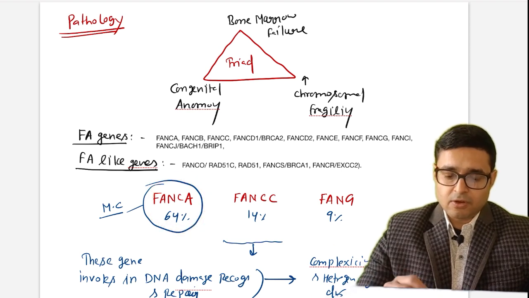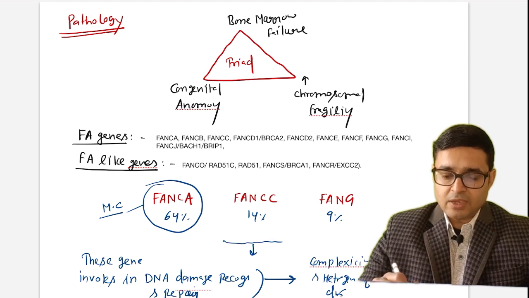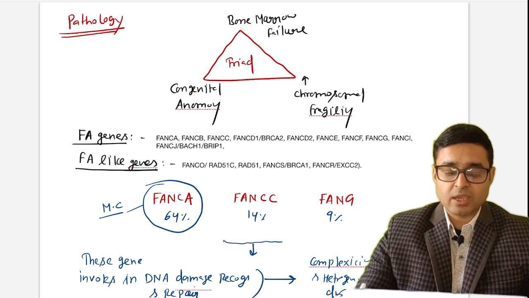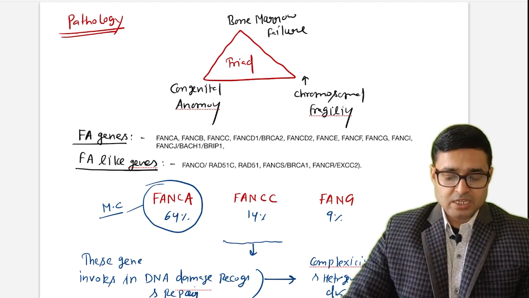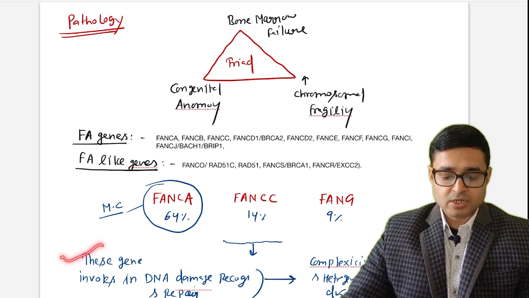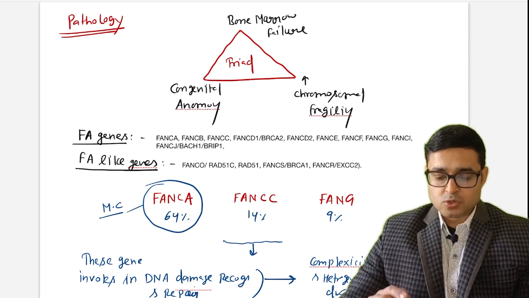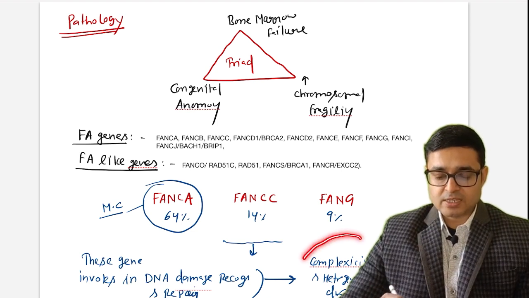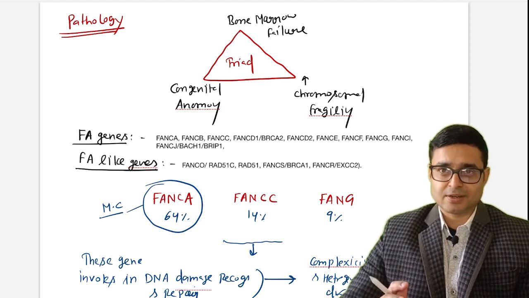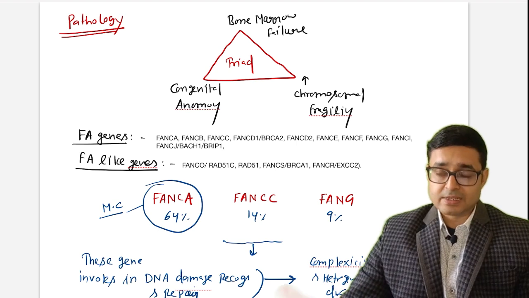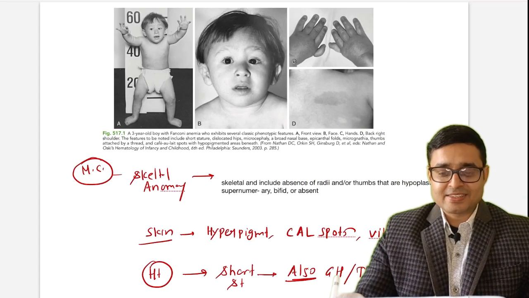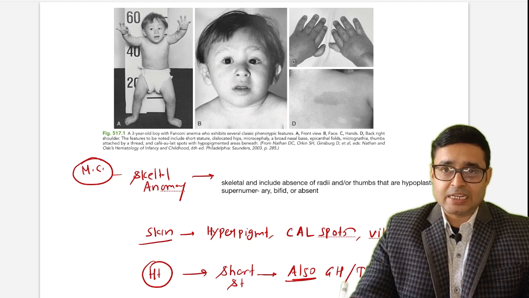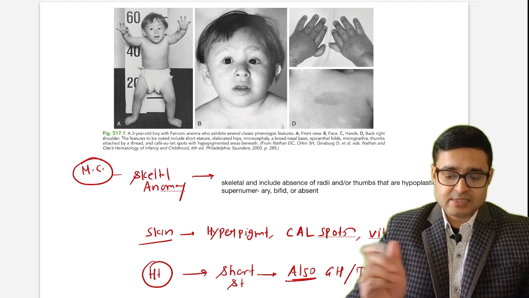FANCC is next at 14%, and FANCG is 9%. Okay, so as we discussed earlier also, these genes are involved in DNA damage recognition and repair. So complexity and heterogeneity of the disease is seen. We'll discuss later. Okay, so this is actually where we go directly into the clinical features of the disease.